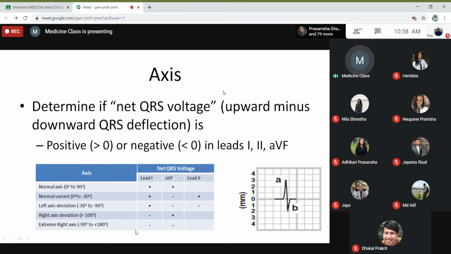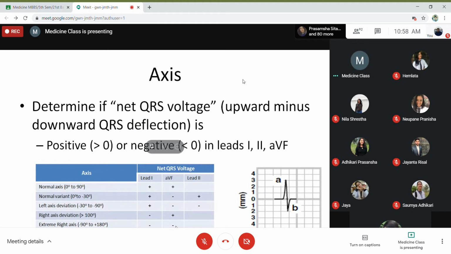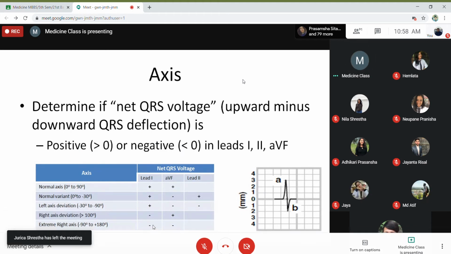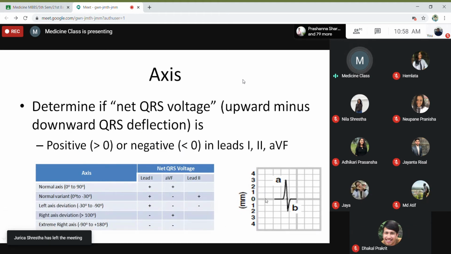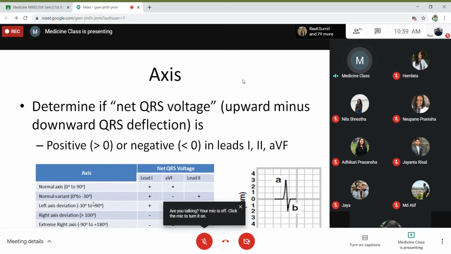And in the extreme right axis, both will be negative. So if you want to look at the axis very casually, you look at these two leads and look at the net QRS voltage. If both are positive, then it's normal. Both negative, then extreme right. If lead 1 is positive, then it's left axis. And if AVF is positive, then it's a right axis deviation.